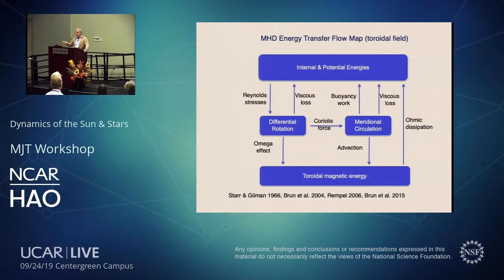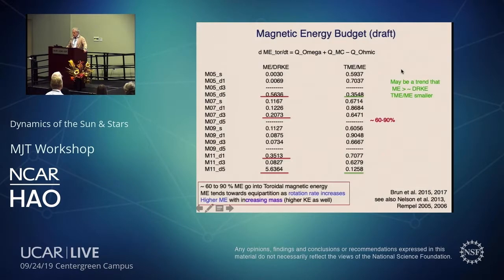Here again, you can look at the energy flow map, and you can see that through the omega effect, when you have differential rotation, you can get toroidal magnetic energy, you can advect the field, and you have ohmic dissipation. You start understanding how all that gets together, and you can assess the amount of magnetic energy that can be created by a star given its luminosity.